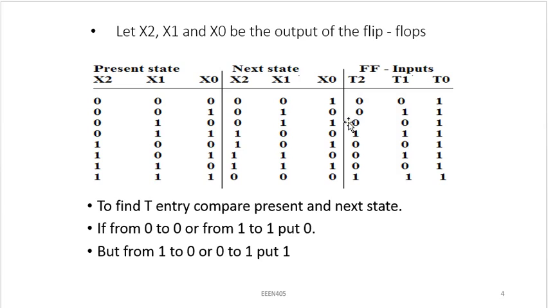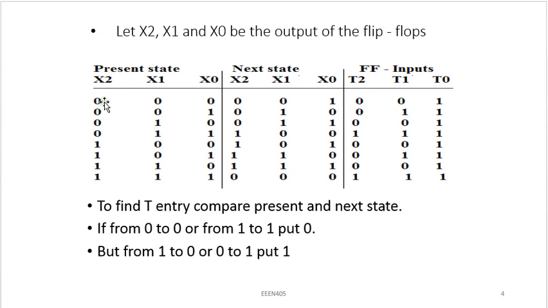So the way we find the values of these T's is, for example, if we are looking at T2, for us to get its value, we compare x2 in the present state and x2 in the next state, and see if they are of the same type, that is, if they are both 0 or both 1, then our corresponding T should be 0. But whenever they are different, that is, one is 1 and the other is 0, then our corresponding T should be 1.